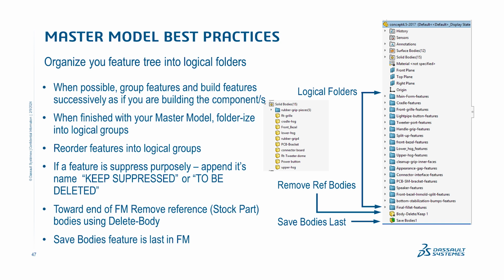Even if they're hidden, they're not included, which is by design intent. But I just find that a useful thing to do right before you do a save bodies is to just remove those stock parts from your master file. And you do that using the delete bodies feature.